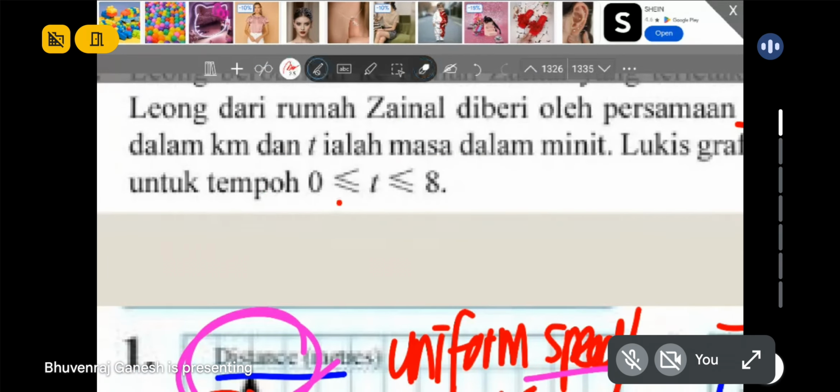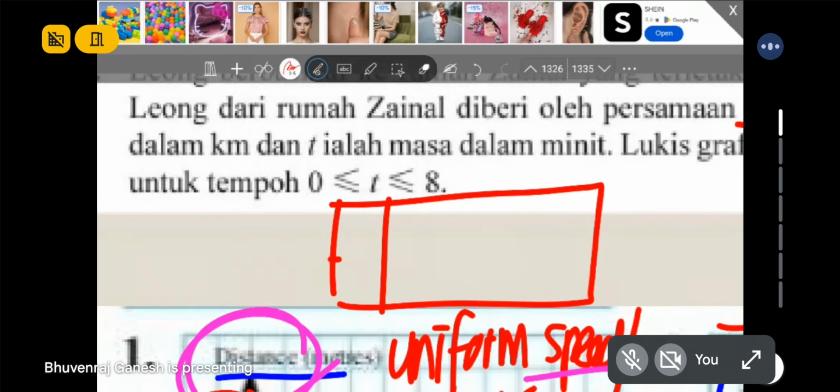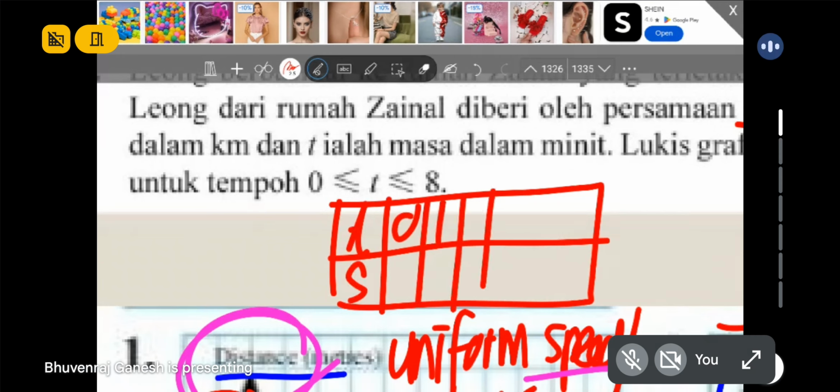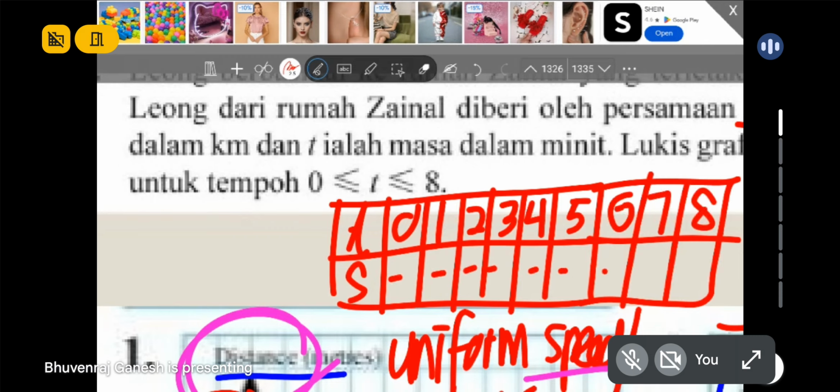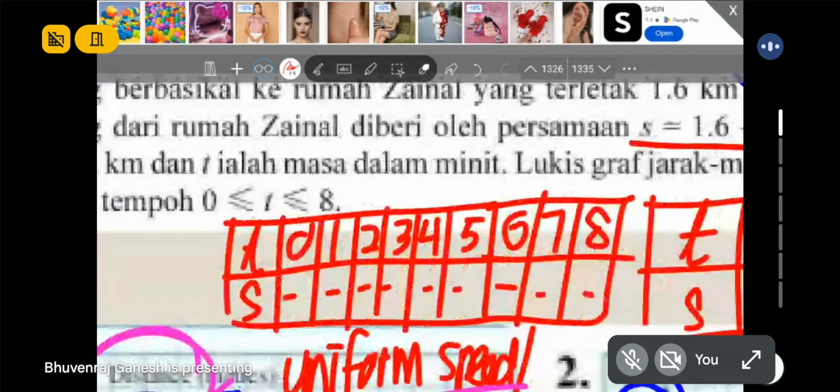So you guys no need to do like this, you know. Some of you might go and draw like this: T, S, 0, 1, 2, 3, 4, 5, 6, 7, 8. Lepas tu kamu cari semua nilai ni. You find 9 values. No need guys. Tak perlu buat macam ni tau. Bazir masa. Can you see guys?